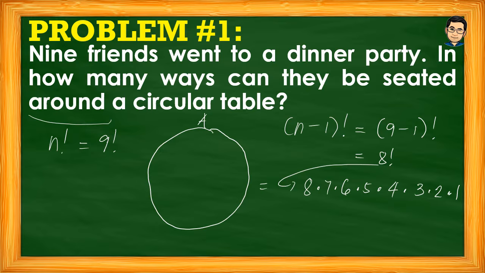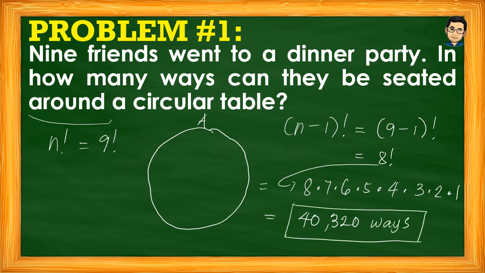Multiply lang po natin yan. Ibig sabihin, meron po tayong 40,320 ways. So, yun po yung bilang ng paraan para ma-arrange po natin yung 9 friends na yon sa isang circular table.